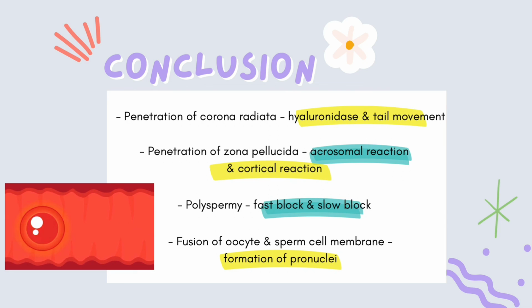We also learned about the fusion of oocyte and sperm cell membrane and formation of pronuclei. It is important for this knowledge to be shared so we have a better understanding of our body.